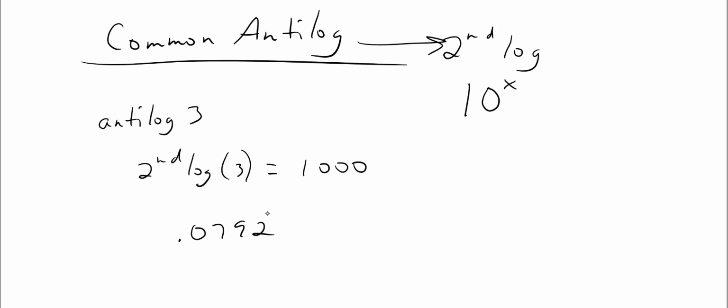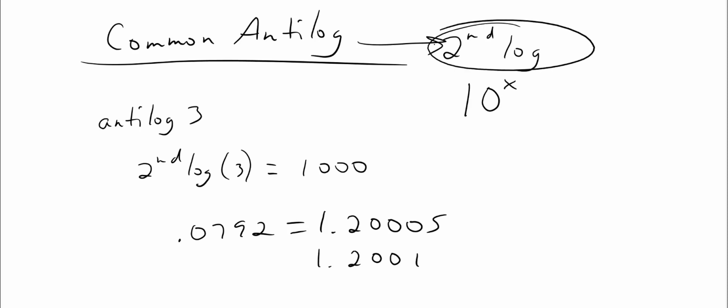Put in my calculator, 0.0792, and I get 1.20005. So 1, 2, 3, 4. So it's actually 1.2001. Okay? That's what anti-log is. It's just opposite. Again, it's super easy. Just type in your calculator. But make sure you hit second log if I'm asking for anti-log.